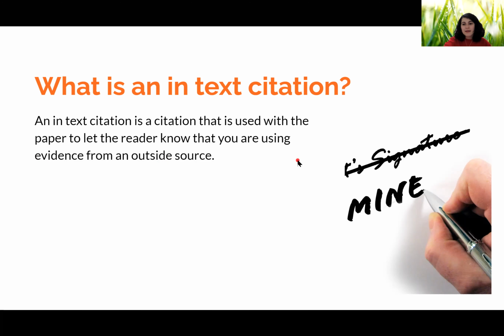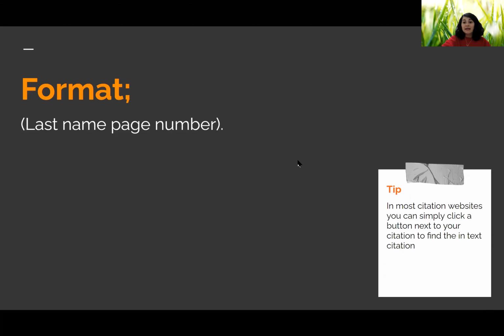Doing an in-text citation is very, very simple, and it's something that you don't even need EasyBib to do. However, there is the option available after creating your actual citations. You click this button that essentially has 3 little dots on it, and it will prompt you with, would you like to copy paste your in-text citation?